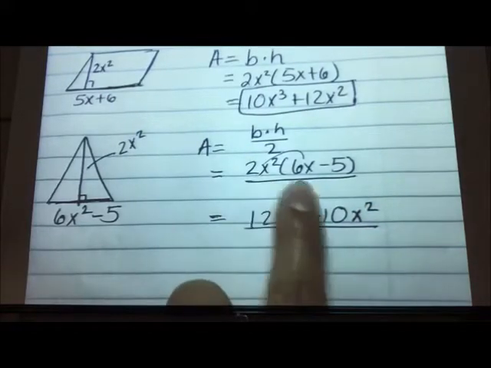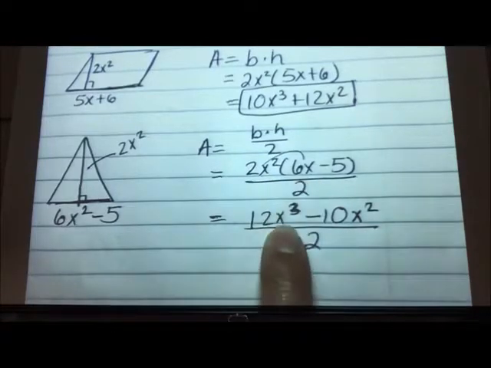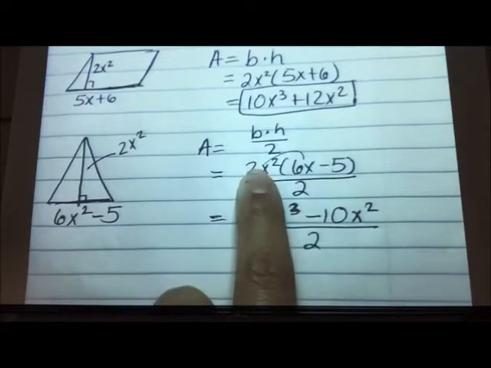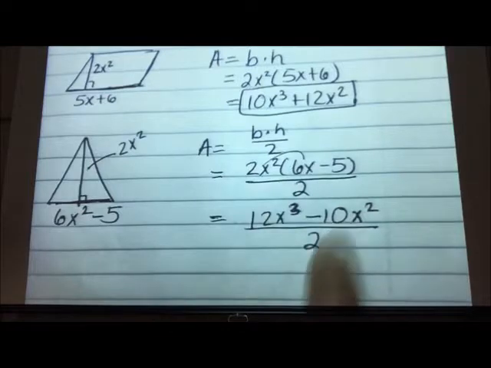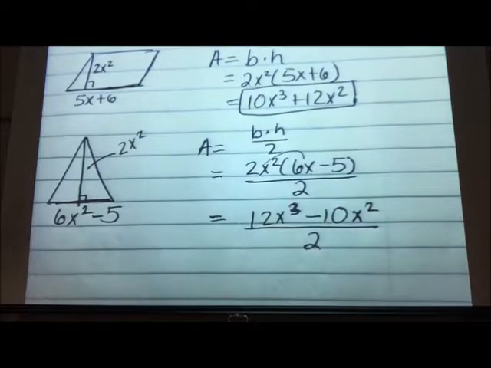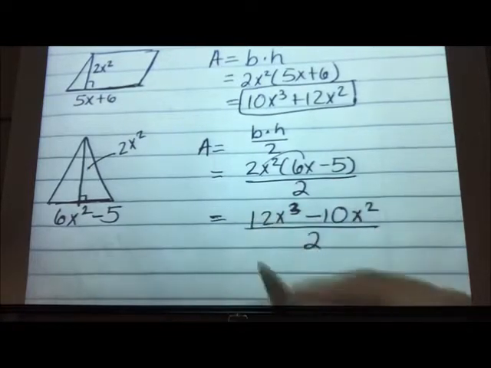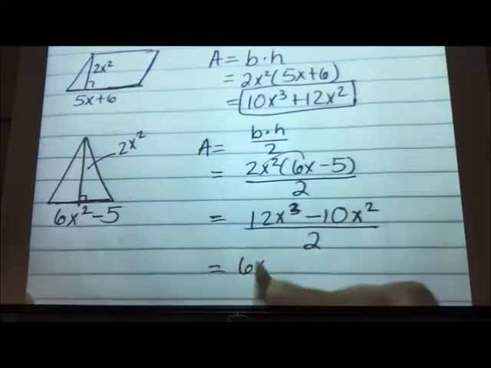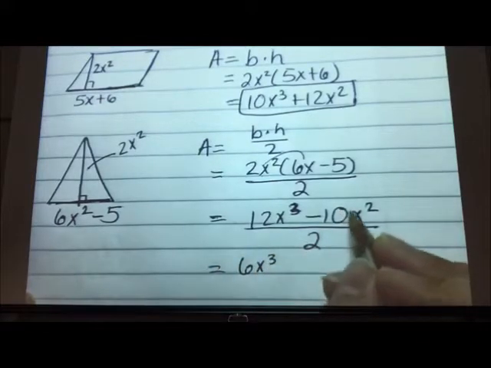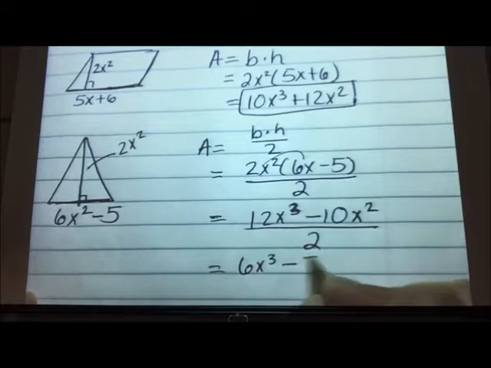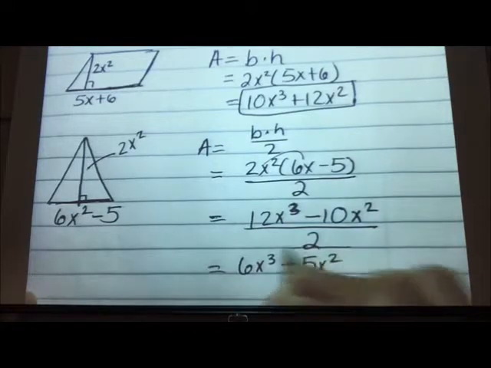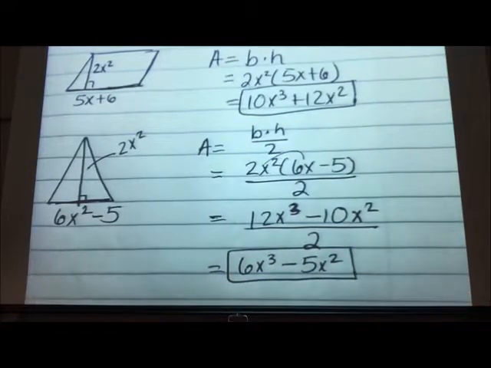So 2x squared times 6x, that becomes 12x cubed. 2x squared times a negative 5 becomes a negative 10. We have to divide both by 2. 12 divided by 2, 6x cubed. 10 divided by 2 is a 5x squared. And that right there would be your final answer.